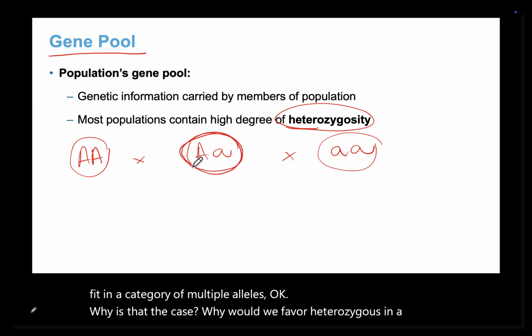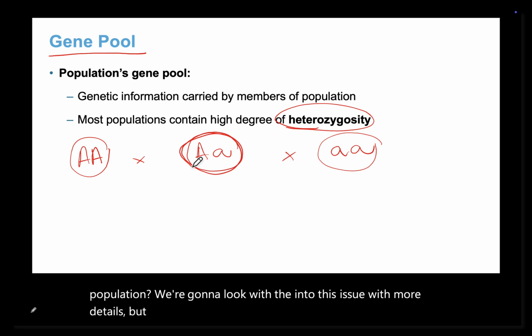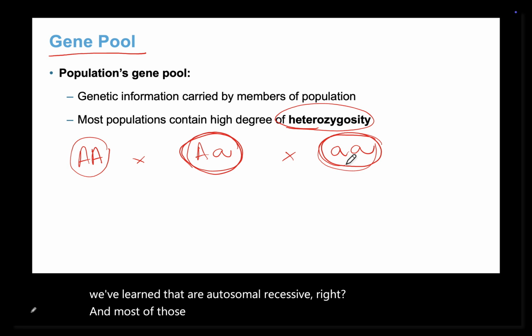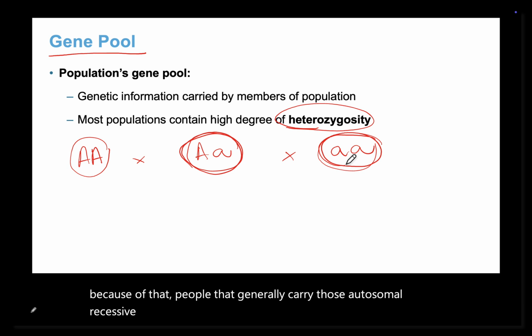We're going to look into this issue in more detail, but just so you know, for instance, there are tons of mutations that we've learned are autosomal recessive, right? And most of those mutations ended up being lethal. Because of that, people that carry those autosomal recessive mutations generally don't reproduce.